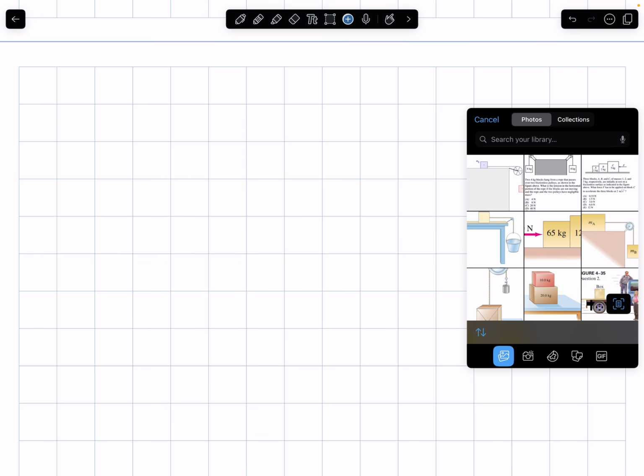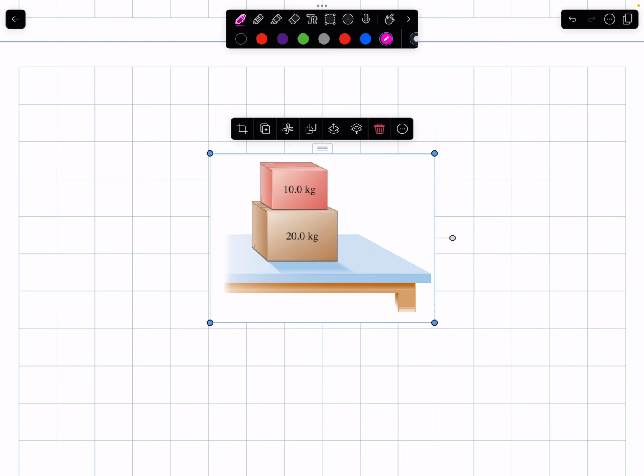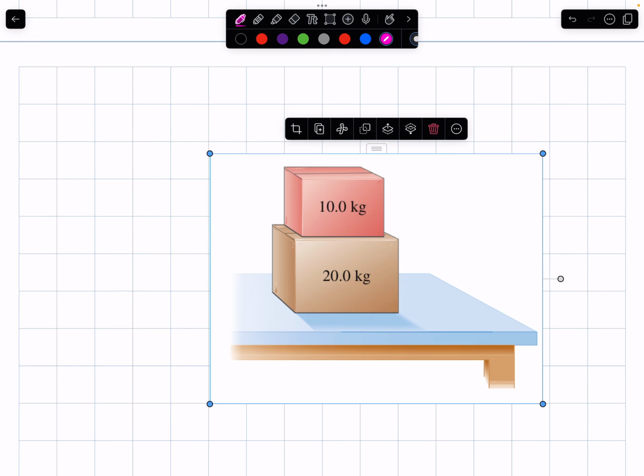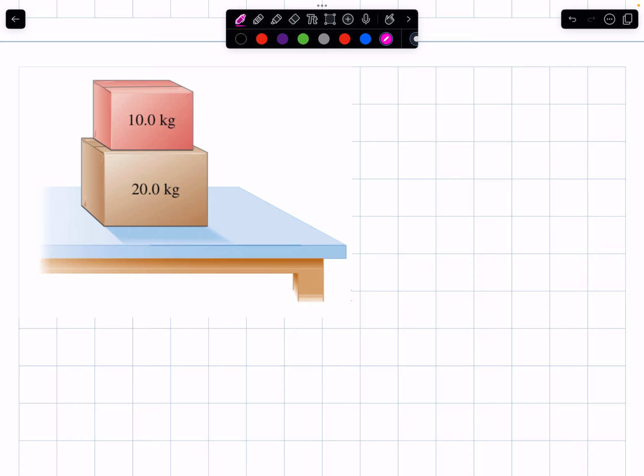How about this one? Okay. All right, so boxes. Yeah, these guys love boxes. So there's a 10 kilogram box sitting on top of a 20 kilogram box, right?